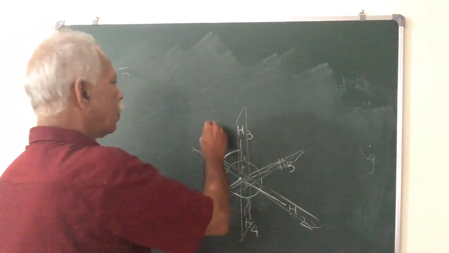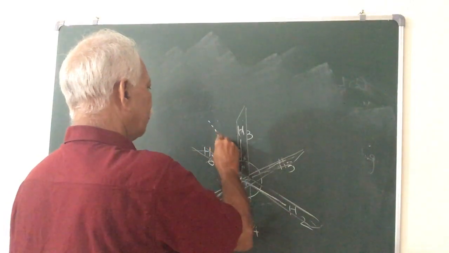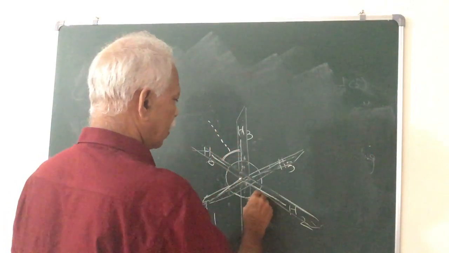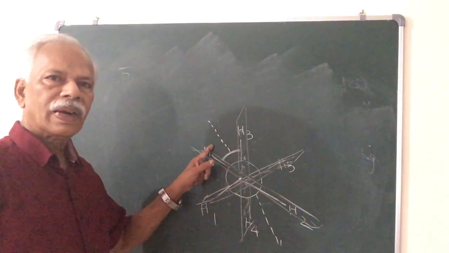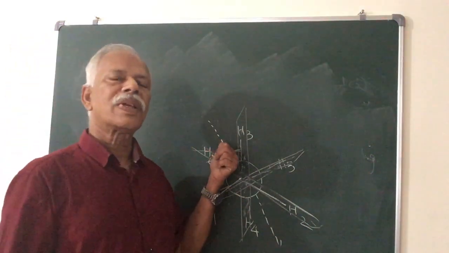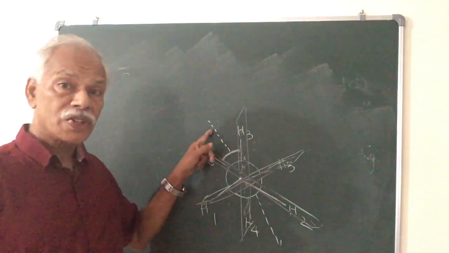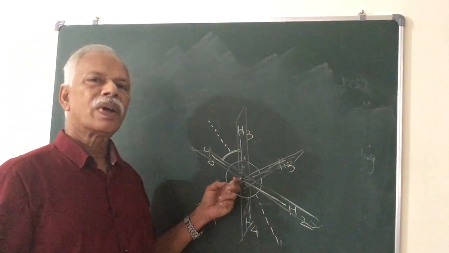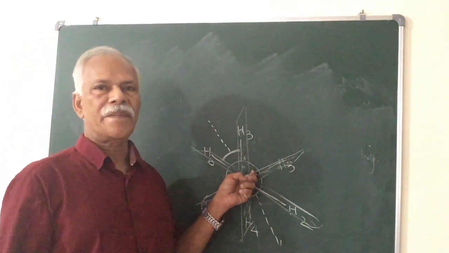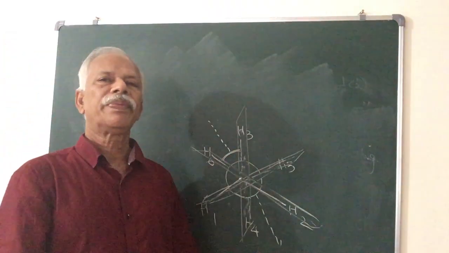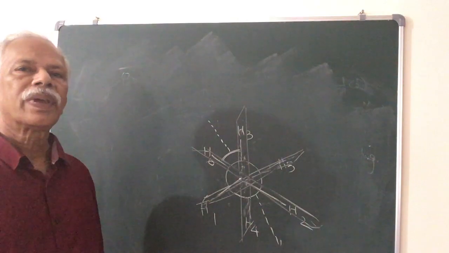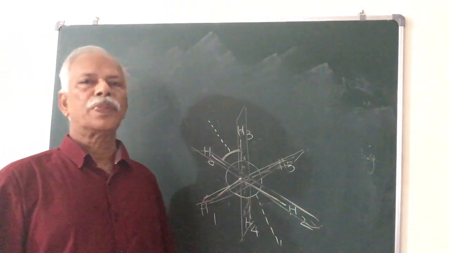There is no harm drawing a line bisecting this 60-degree angle. You can easily interpret this line. Actually, this line is passing through the middle of the carbon-carbon single bond. You can interpret this line very easily in this projection as a twofold axis of symmetry.